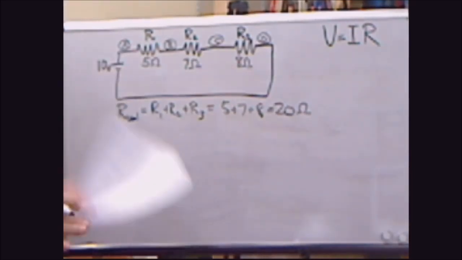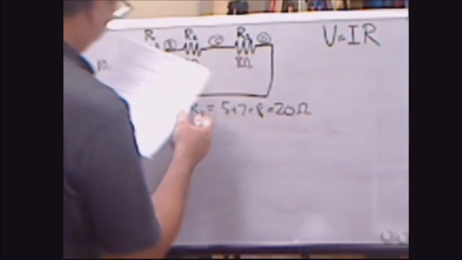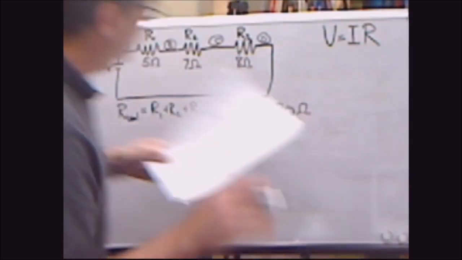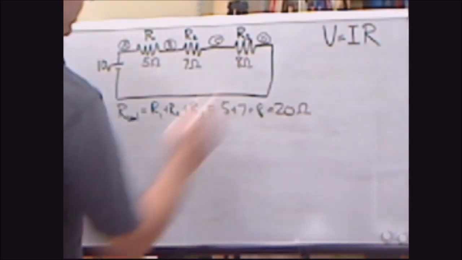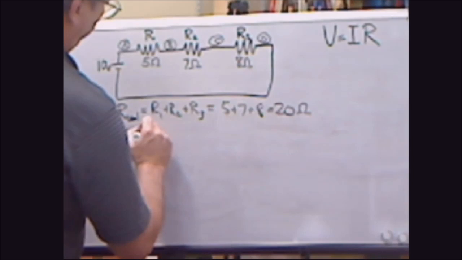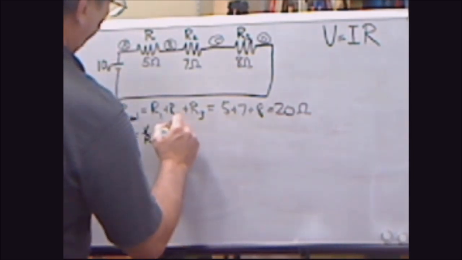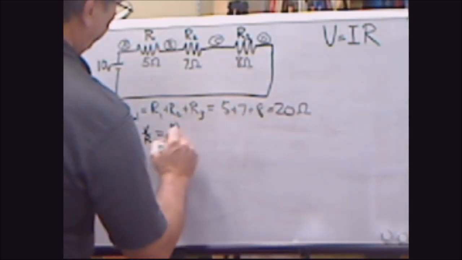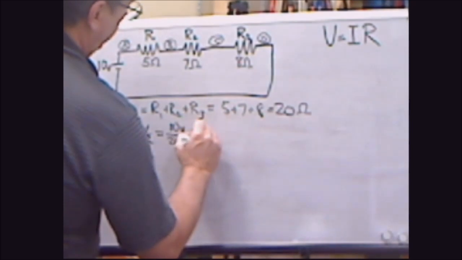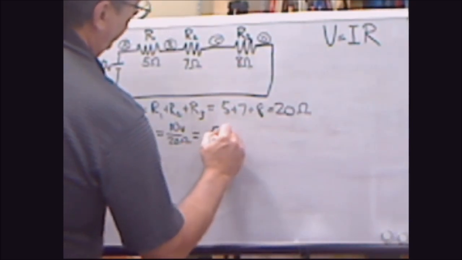So now we know the total resistance on the circuit, right? So we can figure out the amperage. If V equals IR, I equals V over R, which is going to equal the voltage, 10 volts, divided by the resistance, 20 ohms, which equals 0.5 amps.